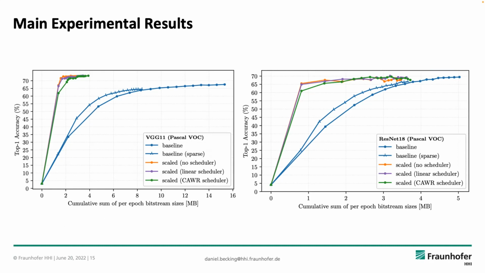So if our goal is to have fast and data efficient federated learning, we want to shift those curves to the top left corner, right? And this is what we achieved here, where we tested 3 different learning rate schedulers for the scaling factors, and the blue curves are the baselines.